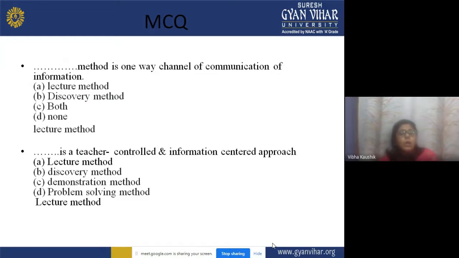Third one: which method is a one-way channel of communication of information? Which method do we call one-way communication, where the teacher is imparting knowledge and students are just listening?